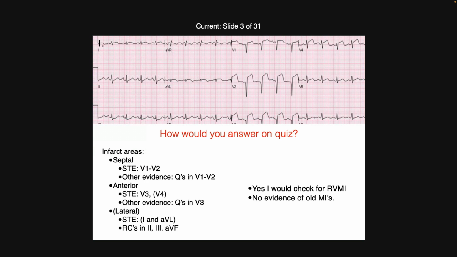I had a question. It seemed like the lateral leads, so I, aVL, V5 and V6, the QRS complexes all seem to be lower in amplitude in comparison to the other respective leads in those areas. Does that mean anything pathologically?